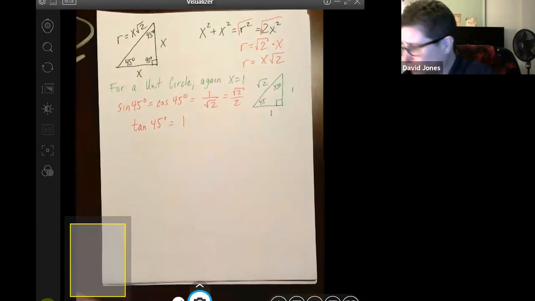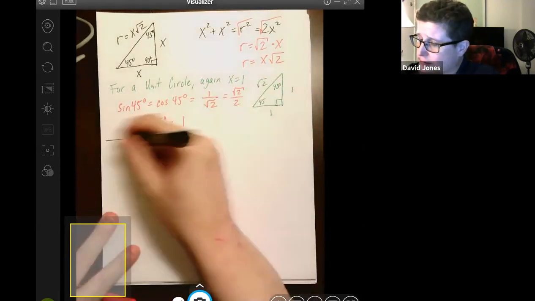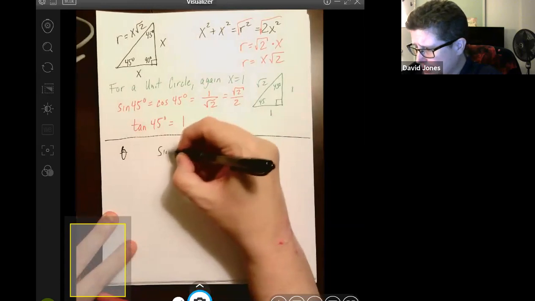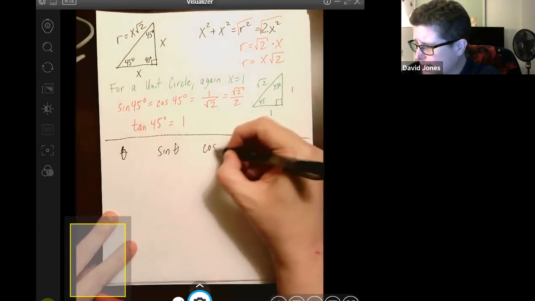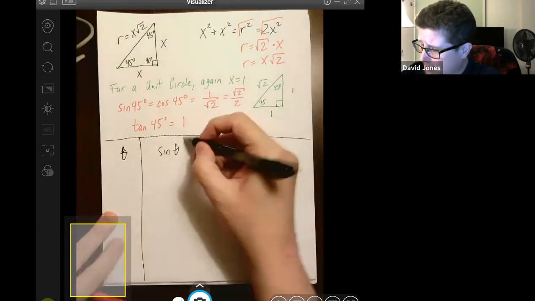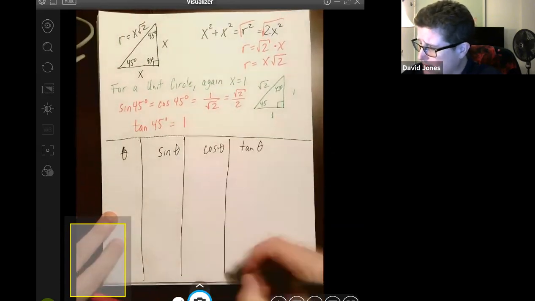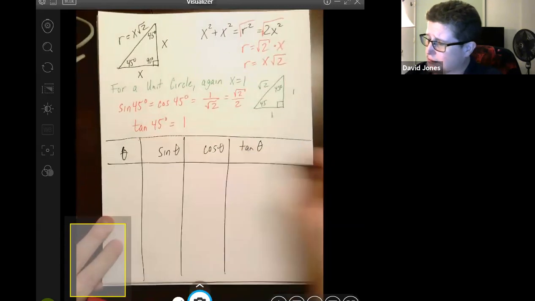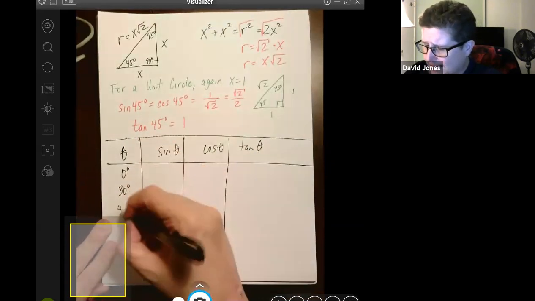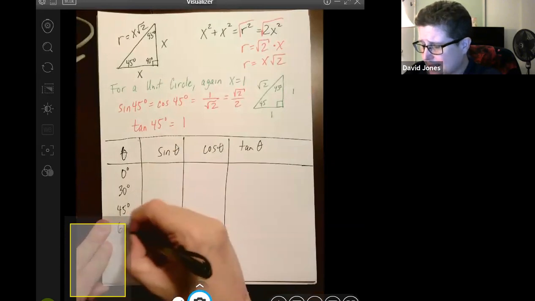So we can make a table. We'll put theta here, sine theta, cosine theta, tangent theta. I've got 0, 30, 45, 60, 90.